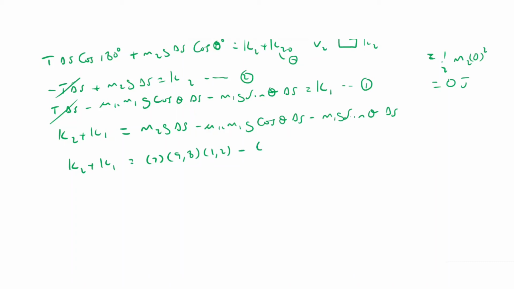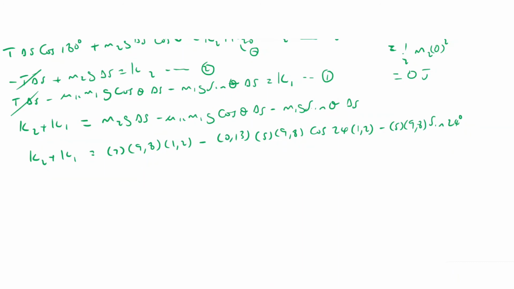Now this is 0.13, and this was 5, and 9.8, and then you say cos of 24 degrees, multiplied by 1.2. I'm just writing it as I said. This is 5, this is 9.8. I should have simplified it, I would be done by now. And then this is sine of 24 degrees, multiplied by 1.2.